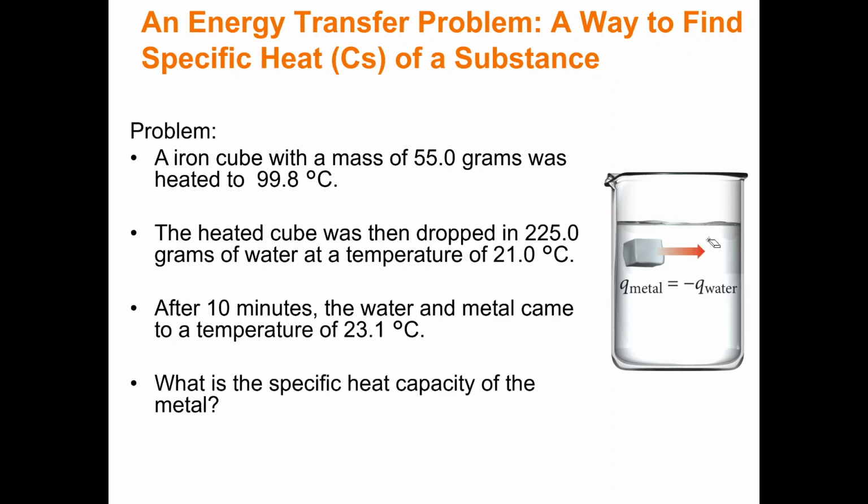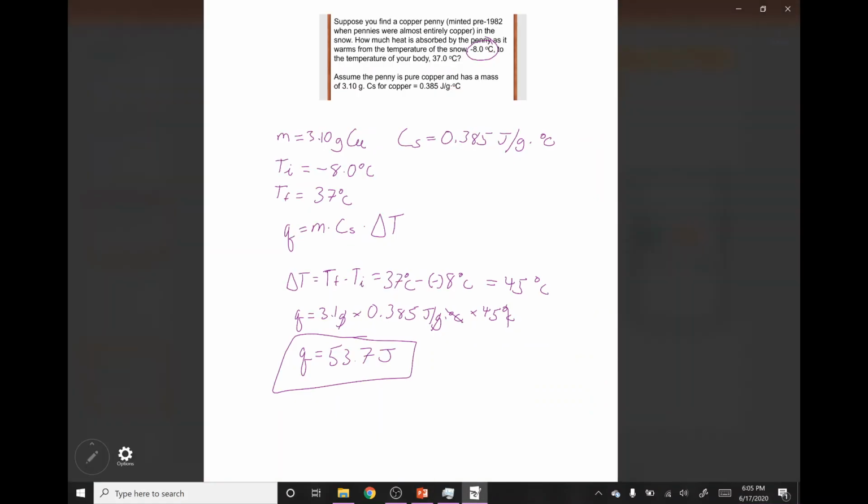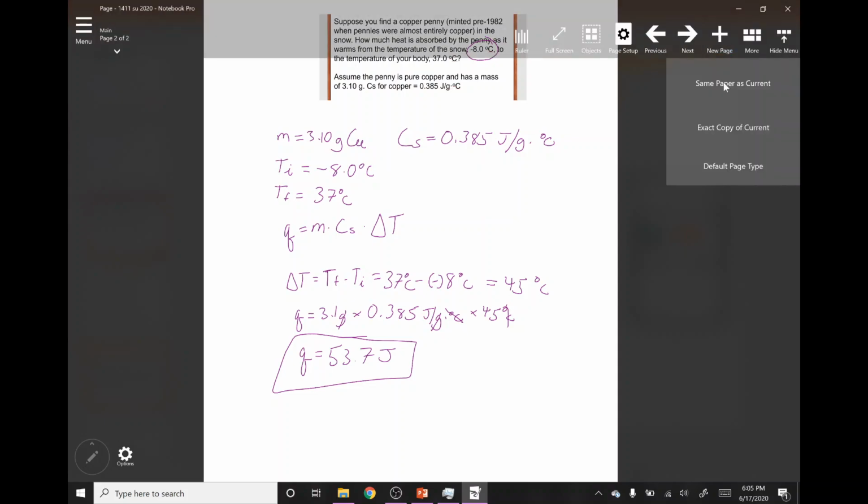Let's take a look at this one, so I'm going to carry us over to our paper again. Okay, so what did they tell us? What information did they give us?